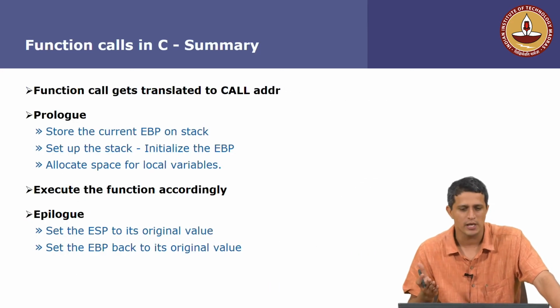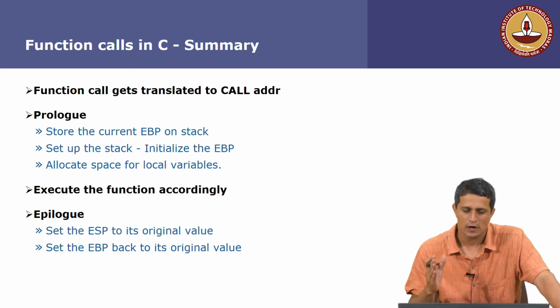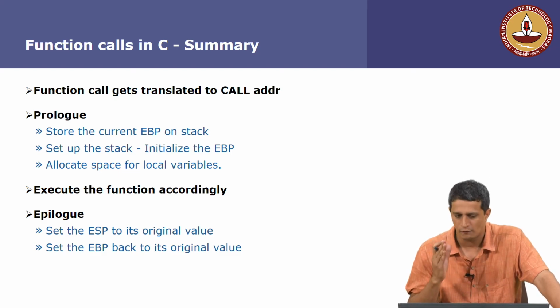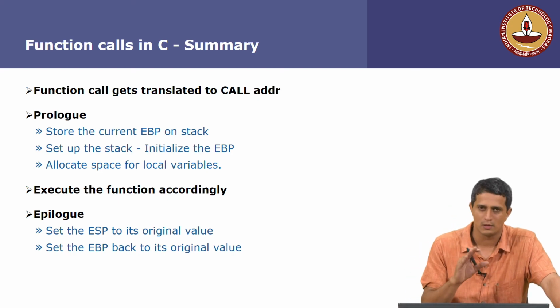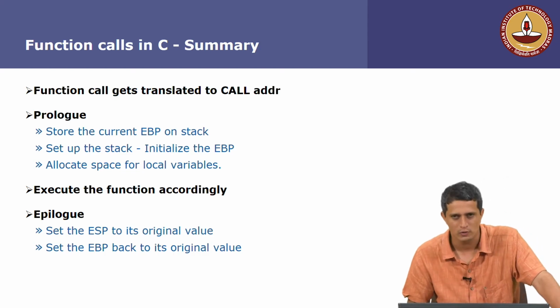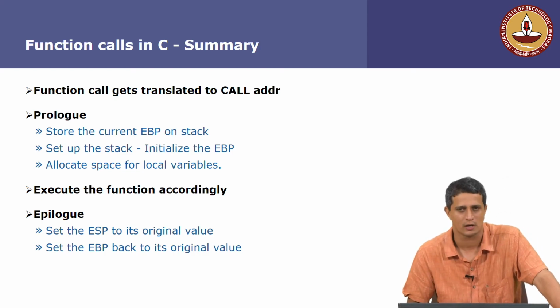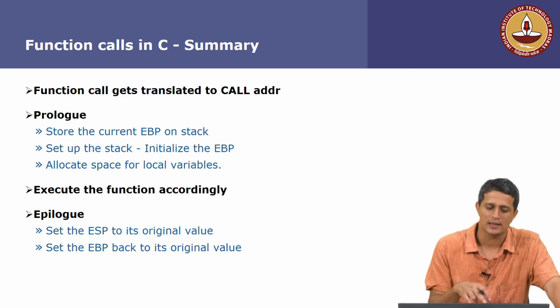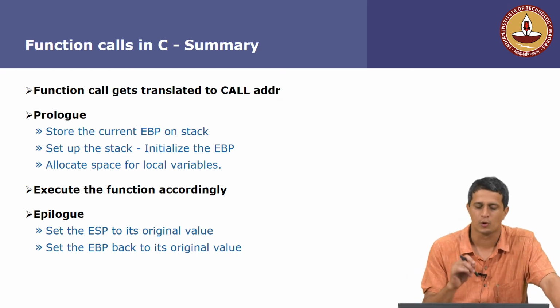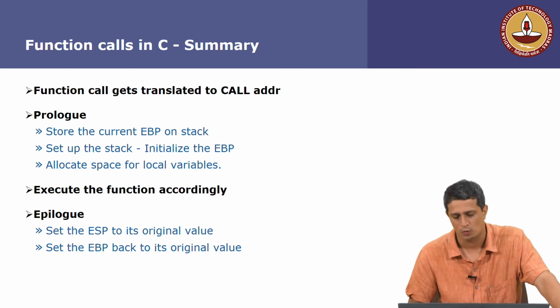So in summary, a function call gets translated to a call address. This is something that we already knew from microprocessor programming, but what we did not know is that we had to do a prologue and an epilogue. What is a prologue?